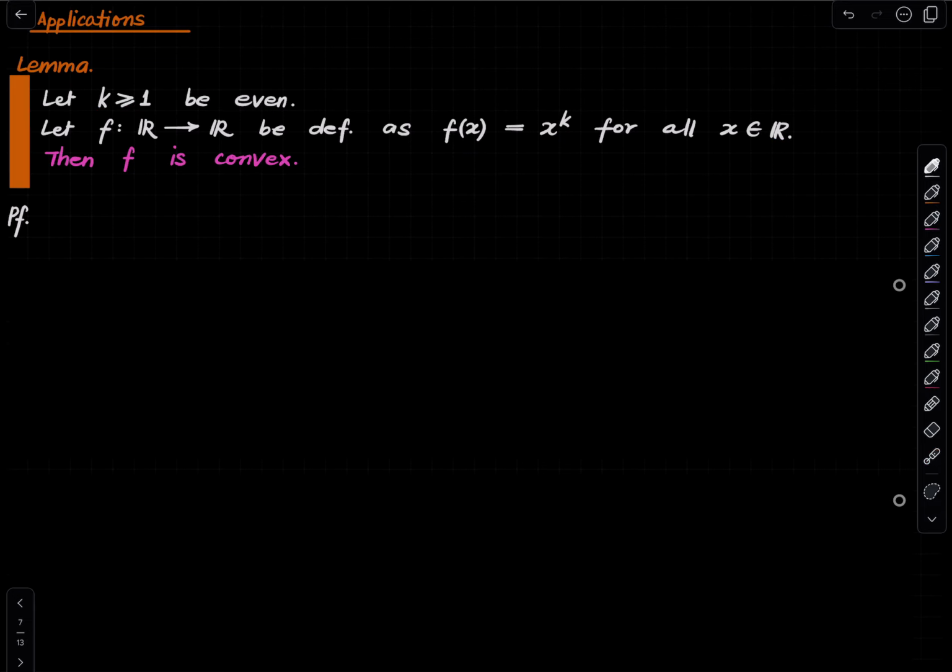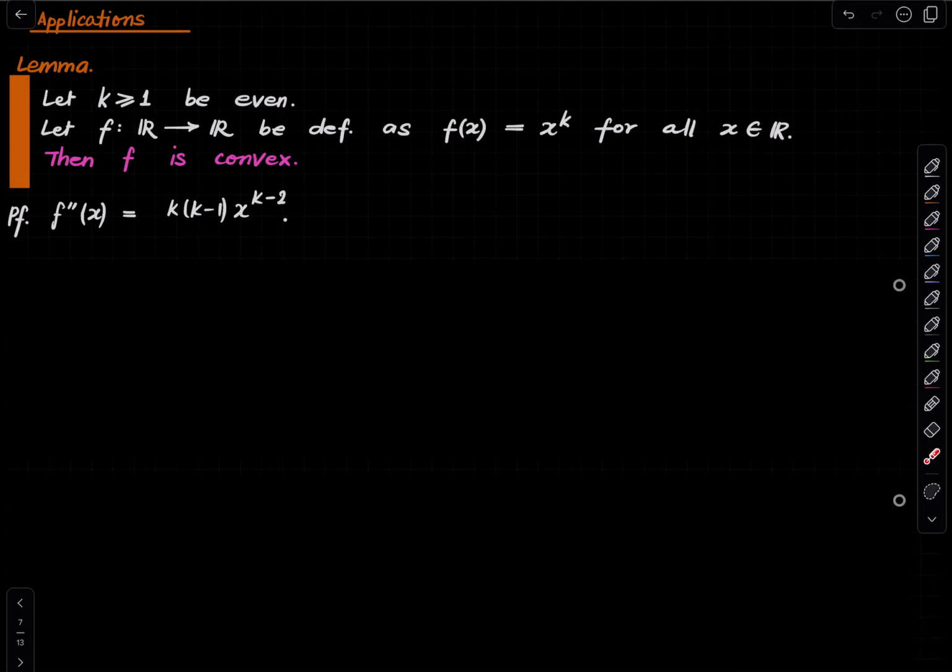We just use the criterion just proved. We have f double prime x is k times k minus 1 times x to the k minus 2. And since k was even, this is also even, and hence this is non-negative. This is anyway non-negative because k would be at least 2. So this is non-negative, and that's it.